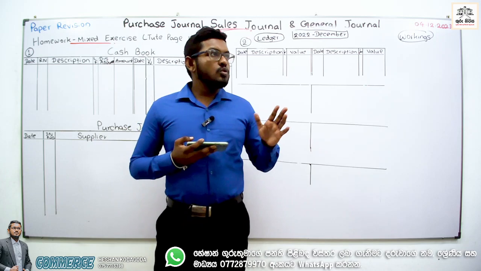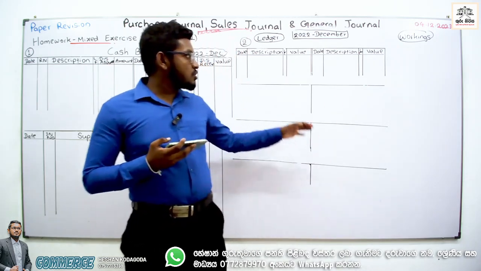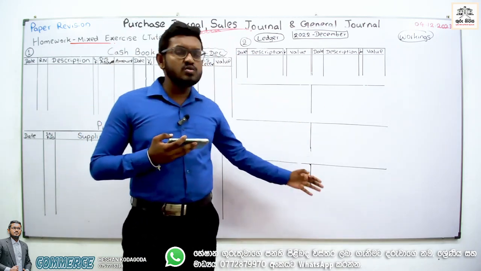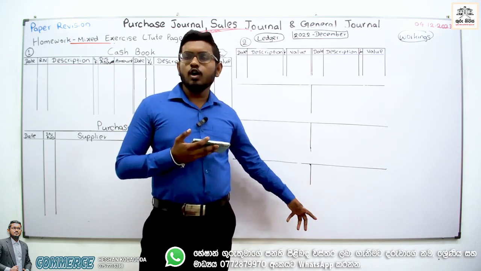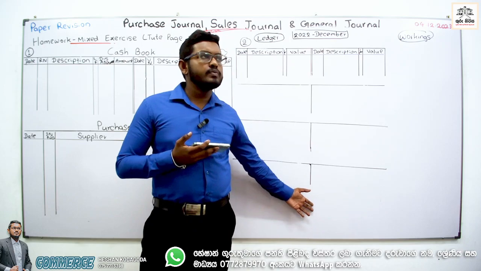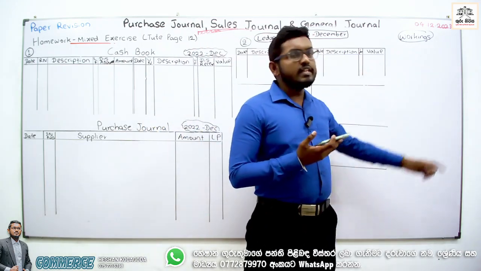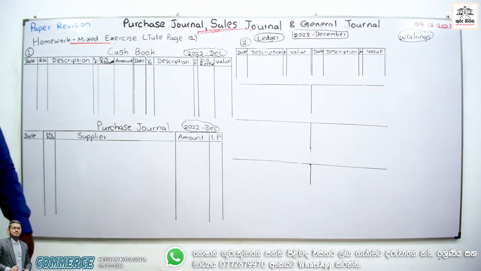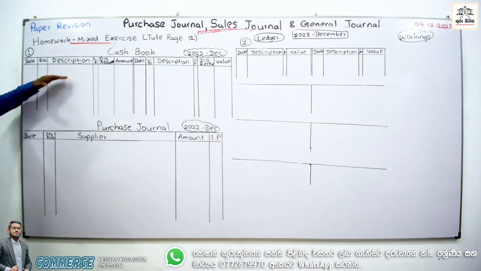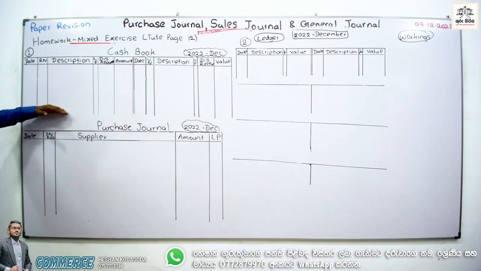So this is the second one. Just draw 4 ledger accounts and keep another 7, 8 lines. We don't know how many ledger accounts we need. Then write the workings because we need to do the calculation. Quickly draw up to here and raise your hand. Cash book, and keep 7, 8 lines.